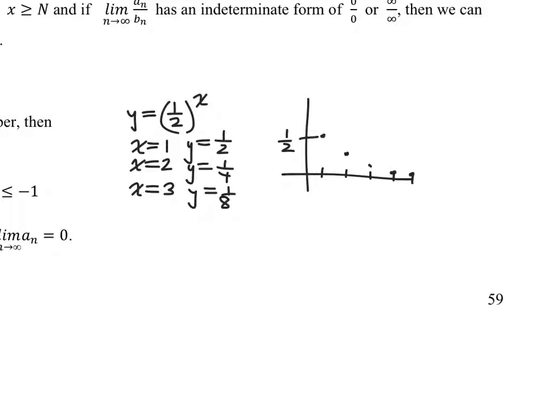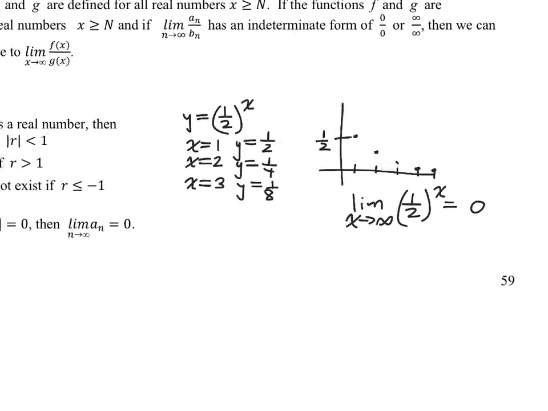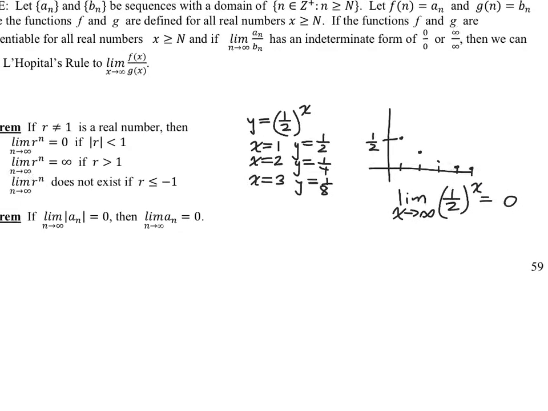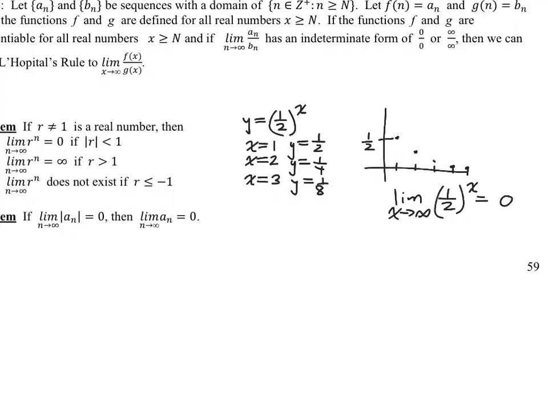So the limit would be, if I were to write this as a limit expression, limit as x approaches infinity of 1/2 to the x power would be equal to 0. All right. And so that's the idea of having an absolute value less than a value of 1.